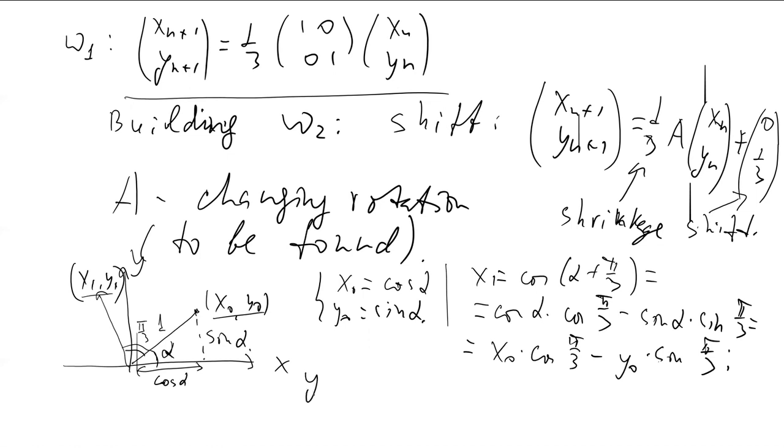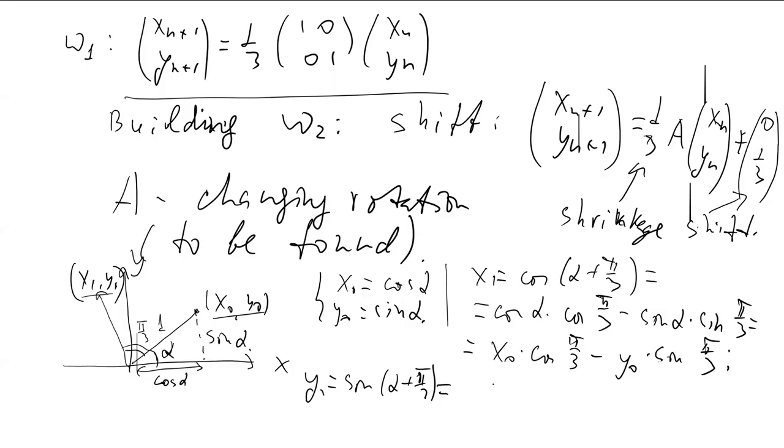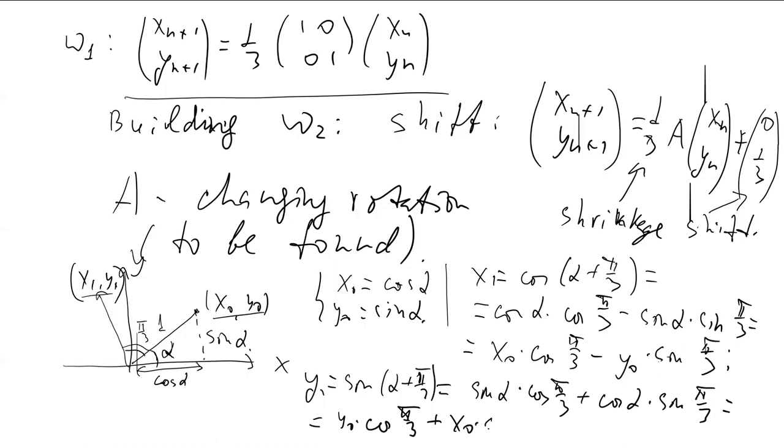And similarly, y1, which is equal to sine of alpha plus pi/3, can be represented using the trigonometric identity for sine of a sum of angles. It is sine alpha times cosine pi over 3 plus cosine alpha times sine pi over 3, and this will be equal to y0 times cosine pi over 3 plus x0 times sine pi over 3.